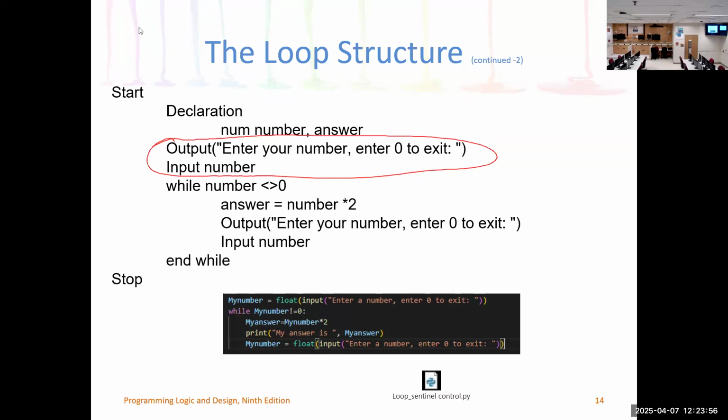After that, you get the number and check if it is not equal to zero, you double the number and print it out, and in the third step you get a new one and do it again and again until the user enters the number zero. Okay, that is the process of the prime input.